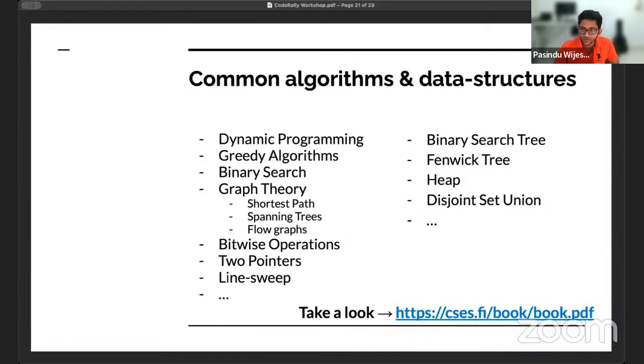And it's really good. It covers a really good basis about algorithms as well as data structures that you might want to know to compete in competitive programming competitions. But like I said, start right now, start practicing, and as you go forward, learn more and more algorithms and data structures and keep progressing forward.